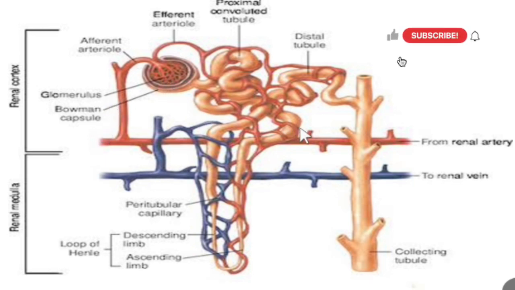Now coming here, you can see the renal artery is the main artery that is providing oxygenated blood to the kidney. When it enters the kidney, it gives off multiple branches. These are called arterioles. You can see this afferent arteriole entering this Bowman's capsule and giving a tuft of capillaries, a bunch of capillaries, which are known as glomerulus. When this is leaving, it forms the efferent arteriole.